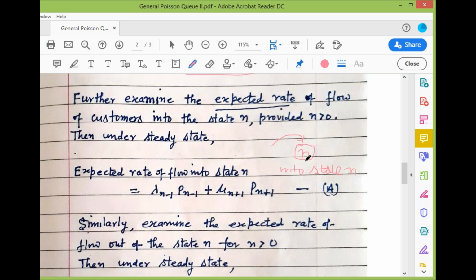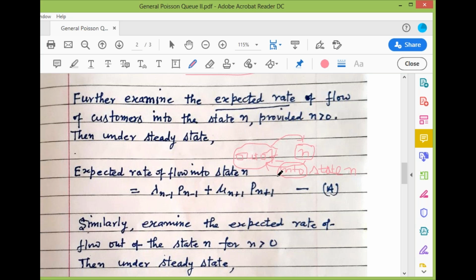Then departure is taking place, means departure will be going like this. This is called out of state. So there are two terms, one out of state and another into state.